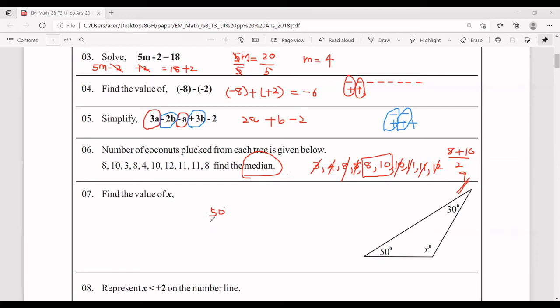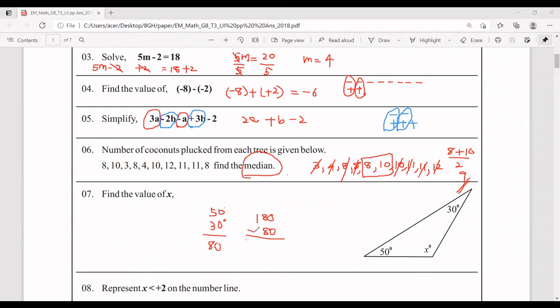Sum of all should be 180. Get the sum of these two first, and to find the value of x, subtract that sum from 180. 180 minus the sum of the other 2 angles. 180 minus 80.